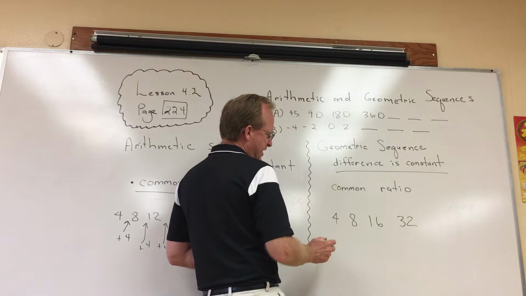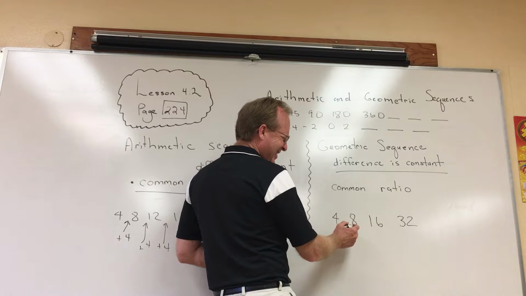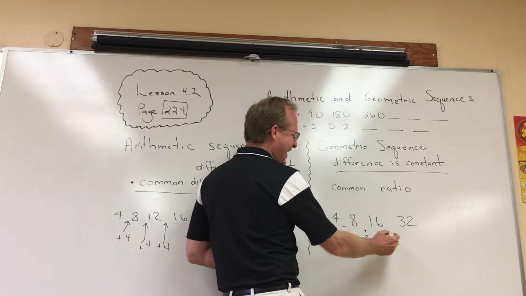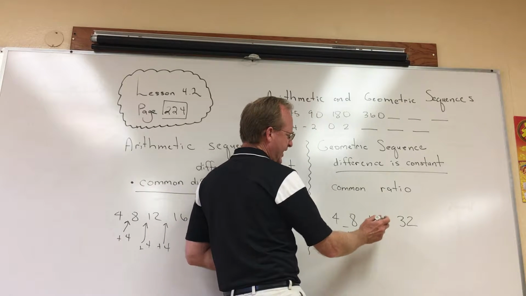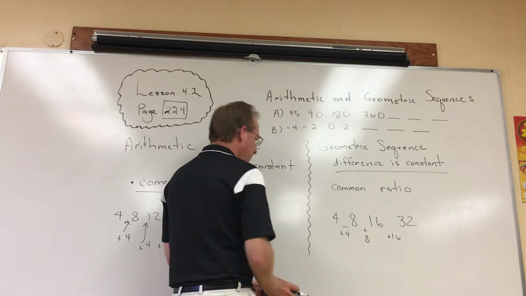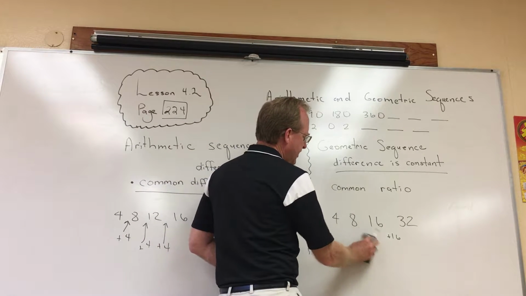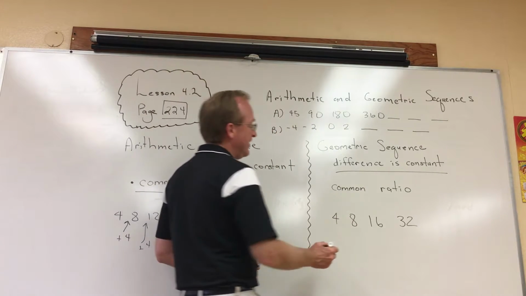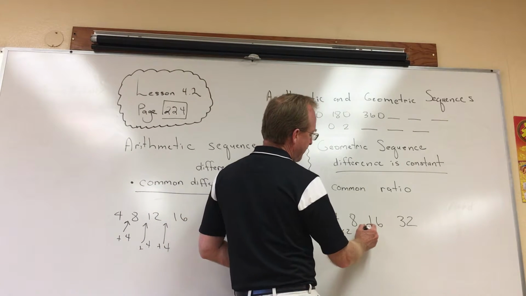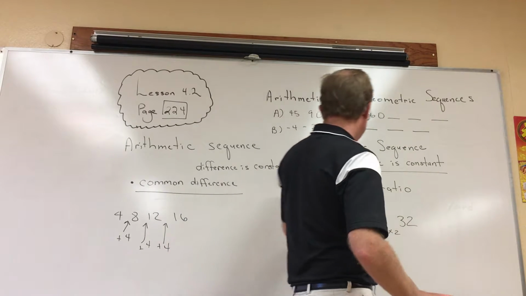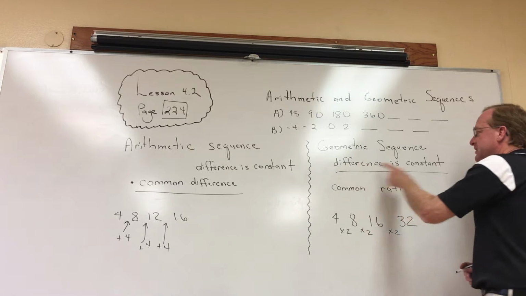Now you can see there's not a constant difference if I start looking at adding, because I'm adding 4, I'm adding 8, here I'm adding 16. But if you go beyond addition and subtraction and start thinking about multiplication, then you'll notice every time I'm multiplying by 2. And so the difference in a geometric sequence is constant.